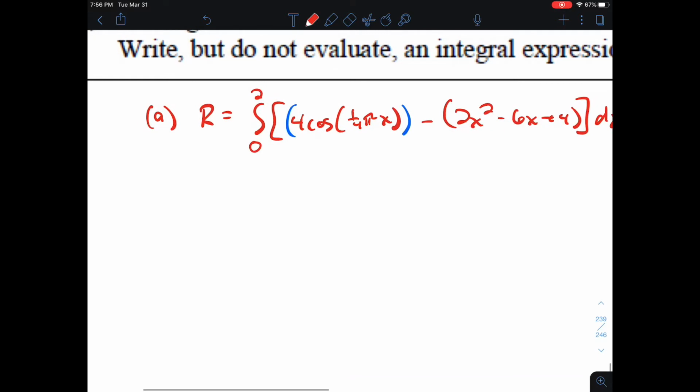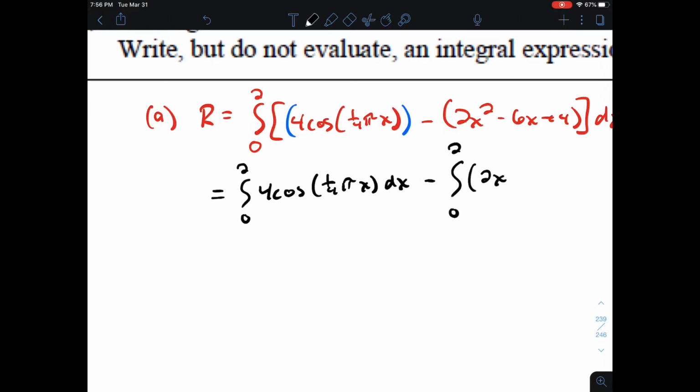I'm going to separate this into two separate integrals. So I'm going to have integrating from 0 to 2, 4 cosine of 1/4 pi x dx. Then subtract from that, integrating from 0 to 2, 2x squared minus 6x plus 4.